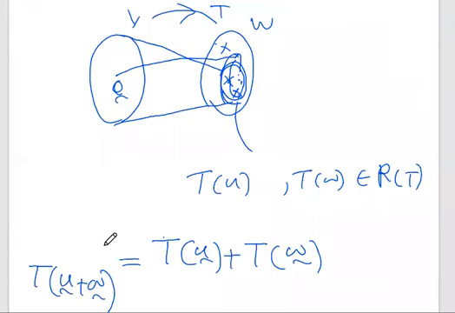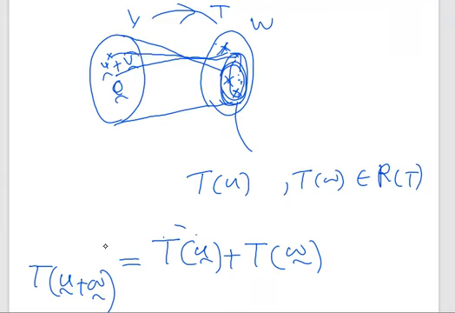It means we found an element here, called U plus V, that maps to this sum. That means this guy belongs to the range of T because we found a mapping from this element to that.